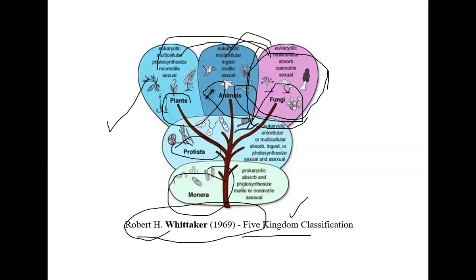Then the higher eukaryotic organisms are divided into three: fungi, plantae, and animalia. Here what we are going to discuss is the fungi kingdom.